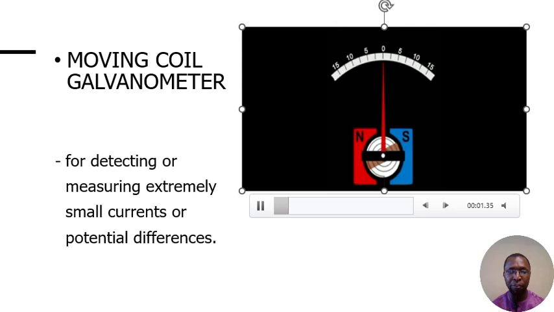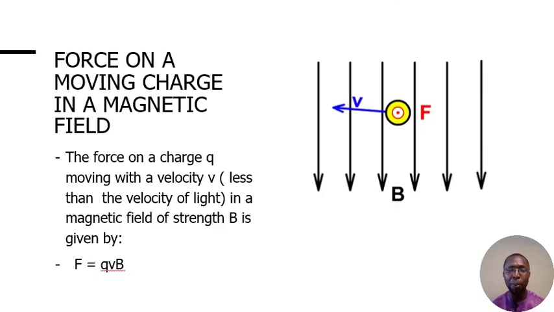the electromagnetic field. Okay, and the last part I would like us to talk about is the force that acts on a moving charge in a magnetic field. When you put a charge in a magnetic field, for you to determine the force that acts on that electric charge, there's a formula: F, which is the force, equals the quantity of charge, which is Q, times the velocity of the charge, which is V, times the magnetic field strength, which is B. So this formula is saying that the greater the magnetic field, the greater the force that acts on that charge.